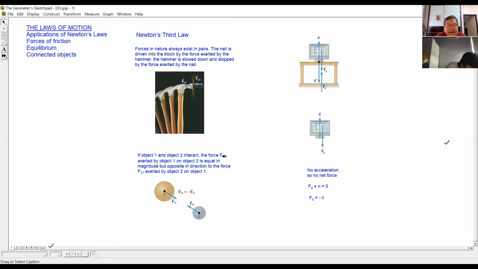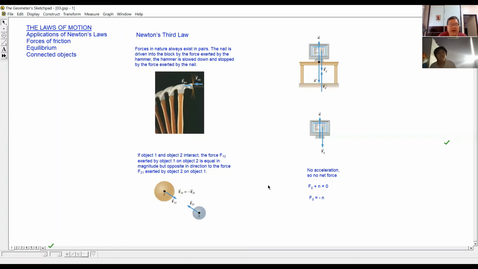The force F12 exerted by the first object on the second object is equal and opposite in direction to the force F21 exerted by object 2 on object 1.